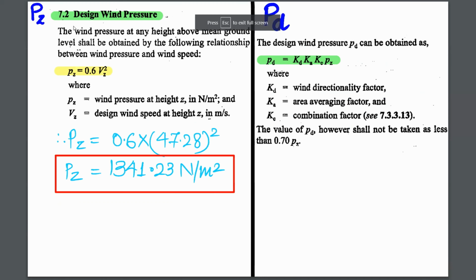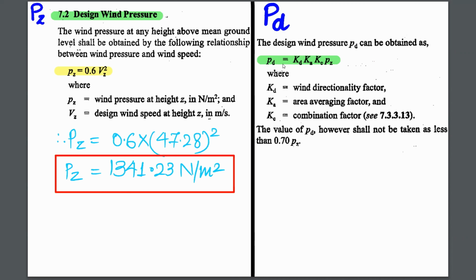Okay. So how to calculate PZ? So basically PZ is 0.6 Vz square, as you can see here in this formula. So we just simply have to put the value of Vz and square it and multiply by 0.6 to get PZ. Since PZ is pressure, so value is Newton per meter square. After PZ, we have to go for PD, that is design pressure.